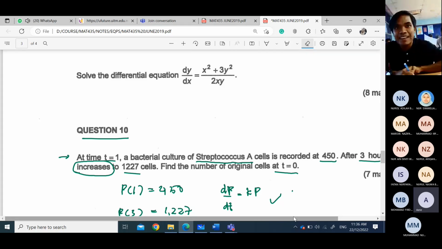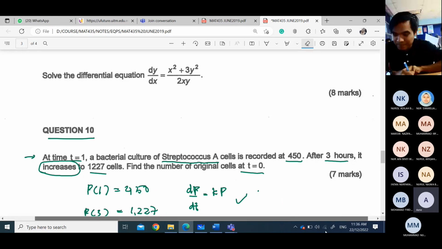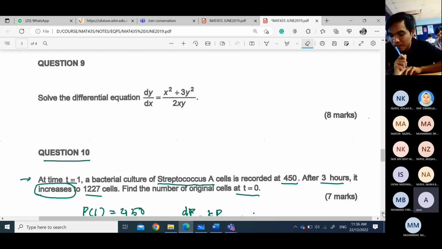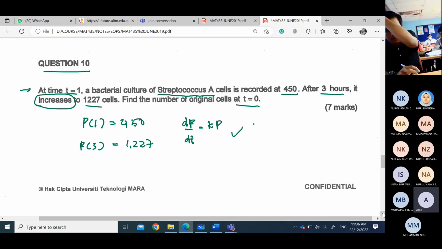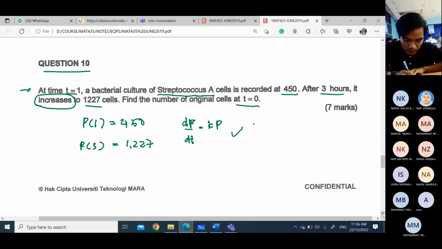Yes. Kita derive, apply separable equation. Ni formula dia. General formula untuk growth kan. Population growth ni. So kau apply je lah.